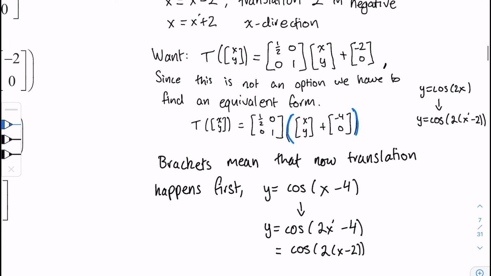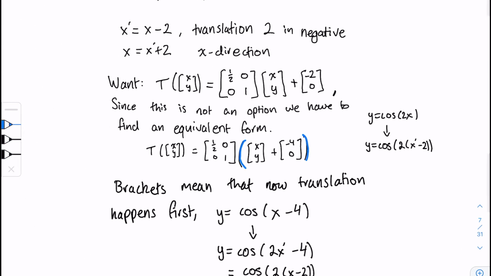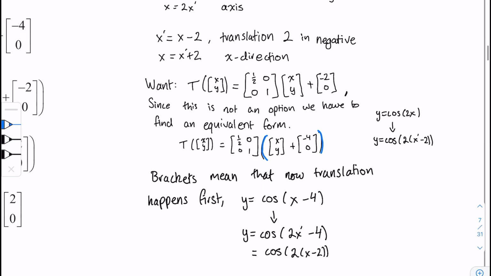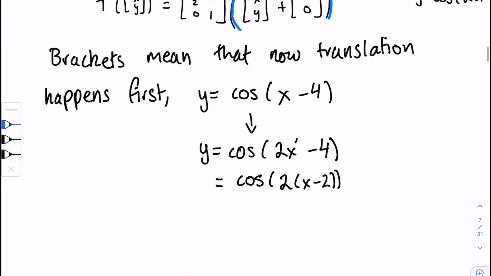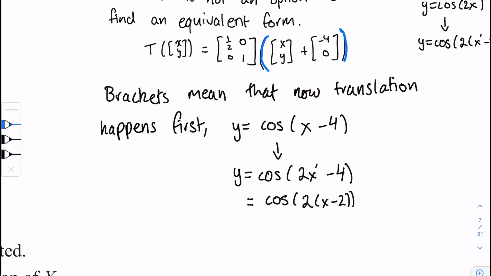So here, the brackets mean that now translation happens first. So go through the steps, but do translation first. So if translation's happening first, we're doing y equals cos of x minus 4 first, and then we're dilating it. And remember, the dilation only applies to the x value. So we get y equals cos of 2x dash minus 4. And then we take out the common factor of 2.